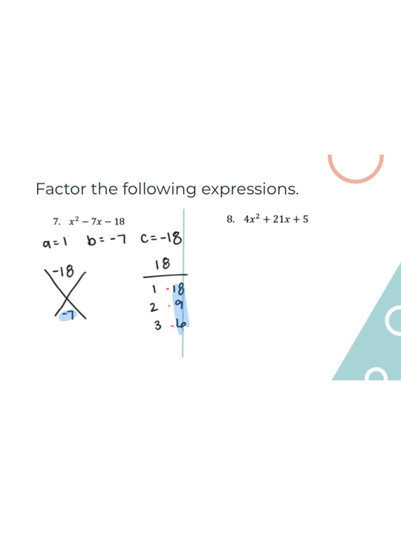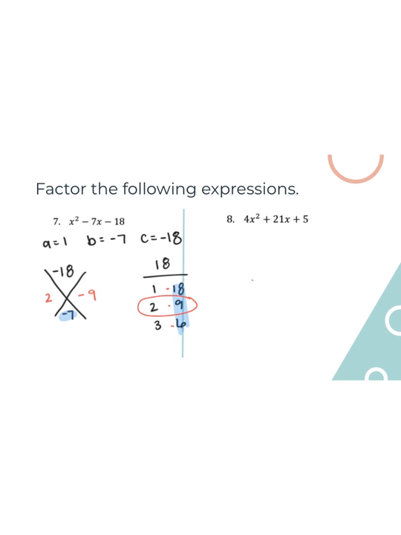Okay, so 1 minus 18, 2 minus 9, or 3 minus 6? Well, this one right here, 2 minus 9 is the one that works. So I'm going to put a 2 here, my negative 9 here.